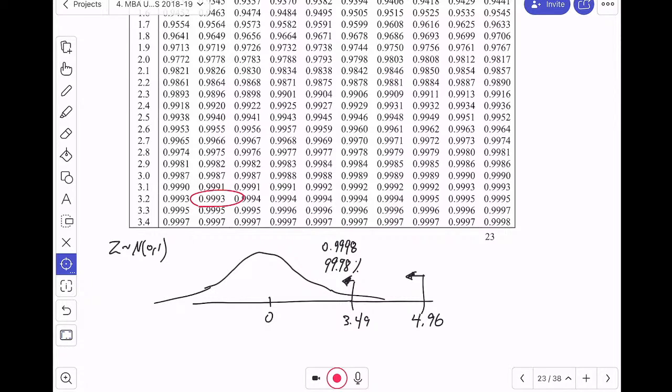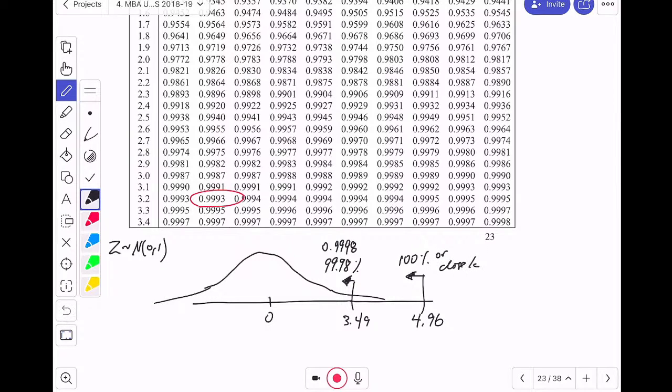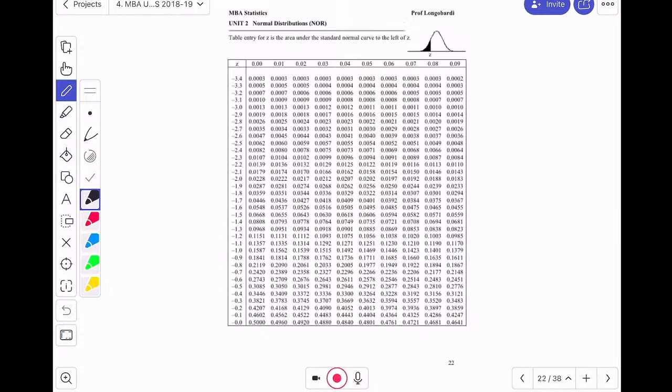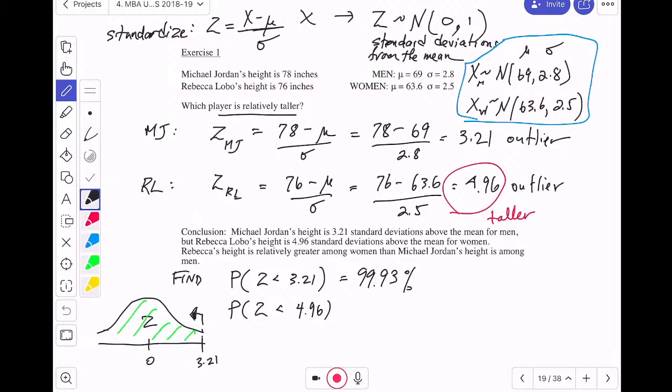Right. So, good. So you see the logic, this will be 100%. Or close. Anyway, we're going to say it's 100%. So the way I've written it here, this is 100%.